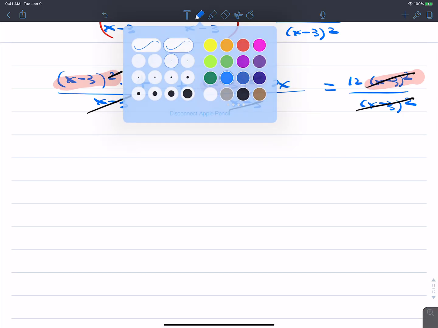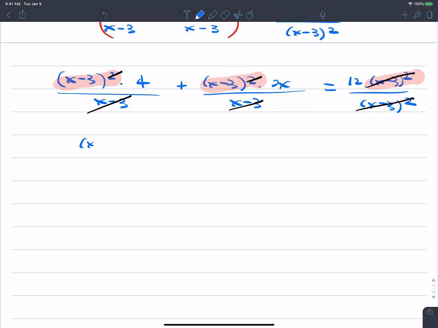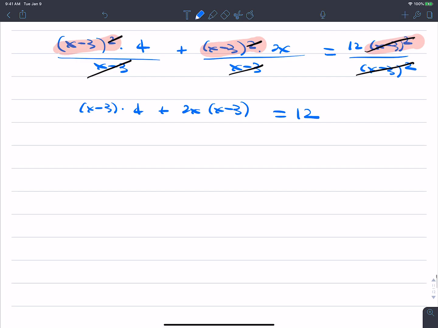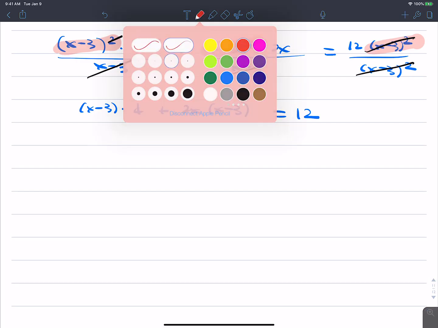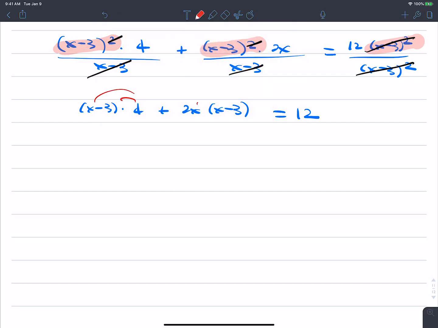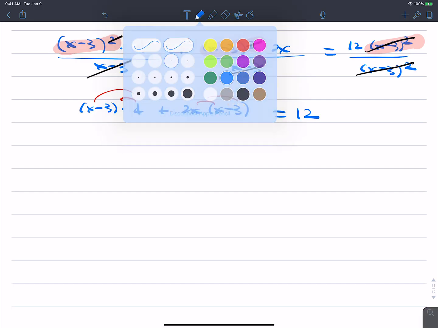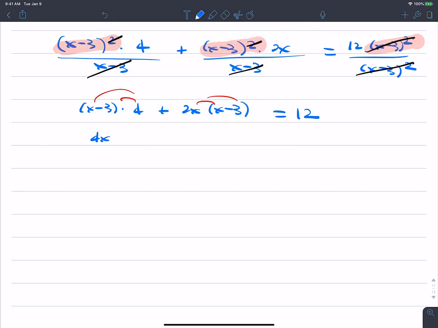Cancels. We end up with x minus 3 times 4 plus 2x times x minus 3 equals 12. Okay, so distribute here so we can figure out what's going on. And what do we get now? 4x minus 12 plus 2x squared minus what?